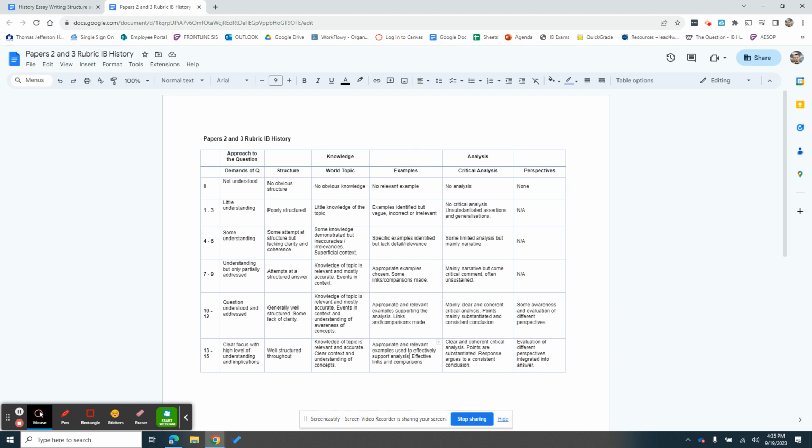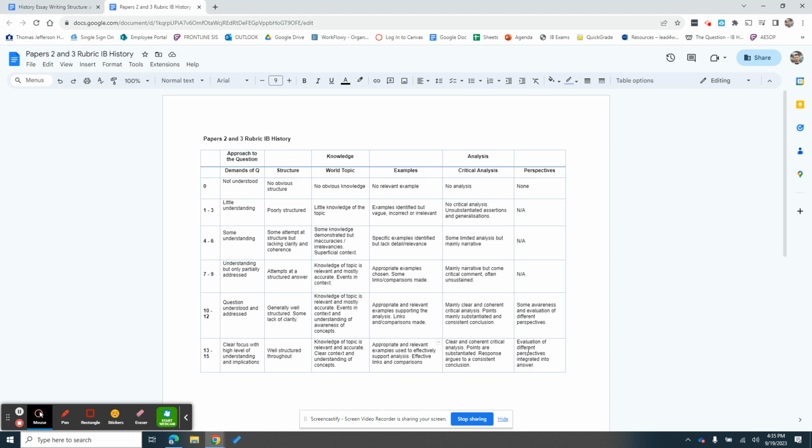That's where the sentence after the evidence comes in, because now we're not just throwing evidence in, we're using it to support an argument. Analysis: clear and coherent critical analysis. Again, everything is on topic. The points are substantiated with evidence, and it argues to a consistent conclusion. That concluding paragraph matches what was in the essay the whole way through.